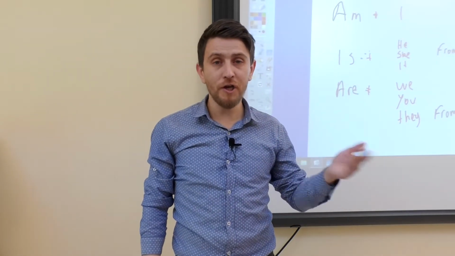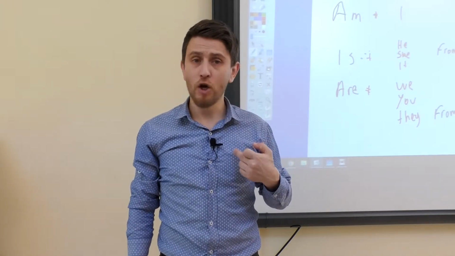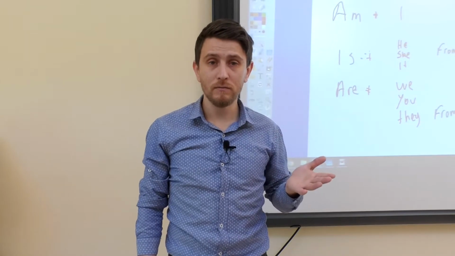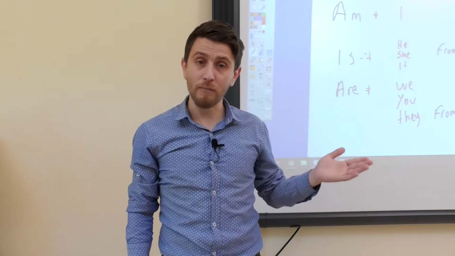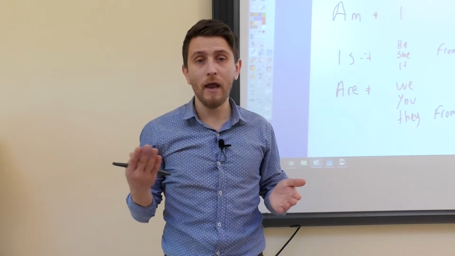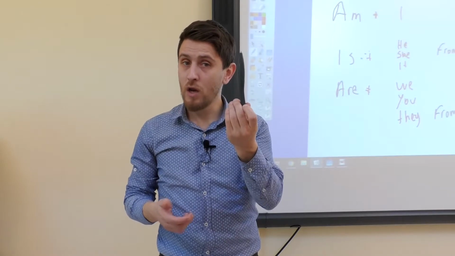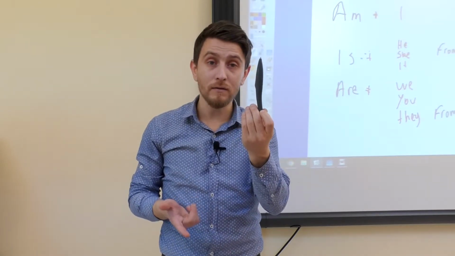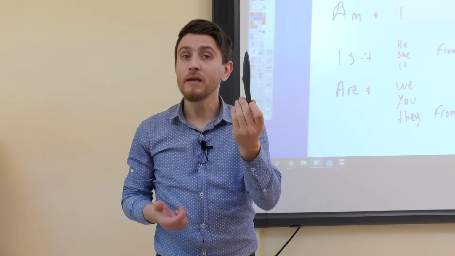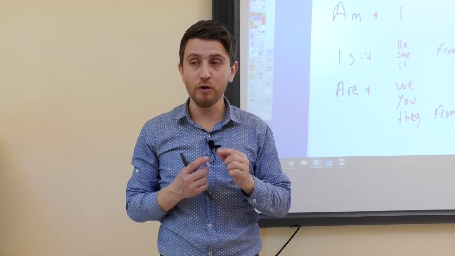Are you from Turkey? Yes, I am. Are you from China? No, I'm not. Are they from Italy? Yes, they are. No, they aren't. Is it a book? No, it is not. Is it a pen? Yes, it is.